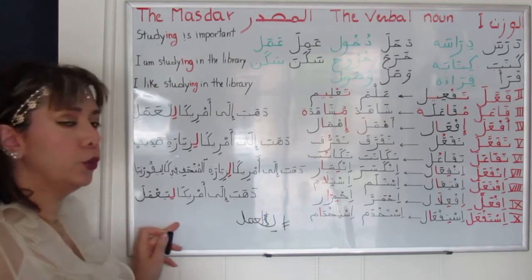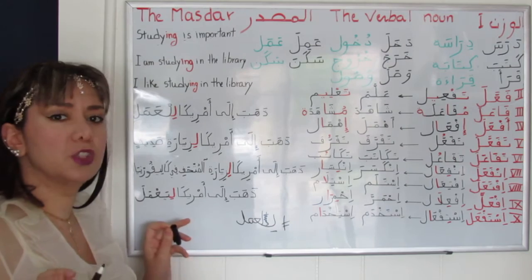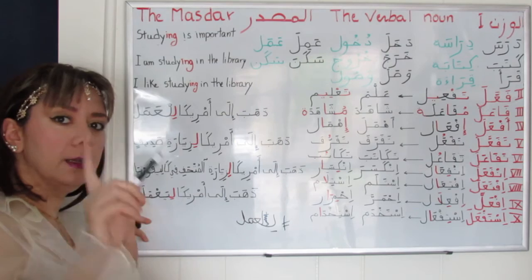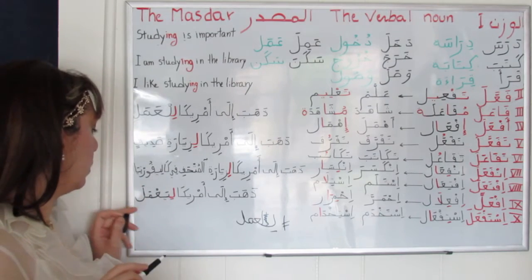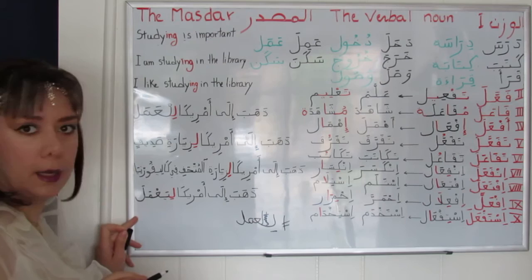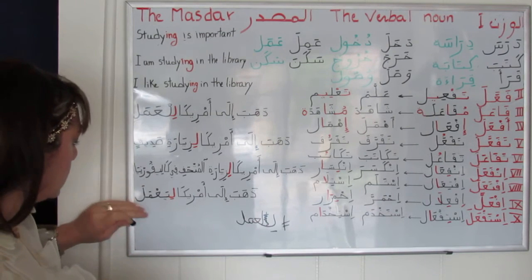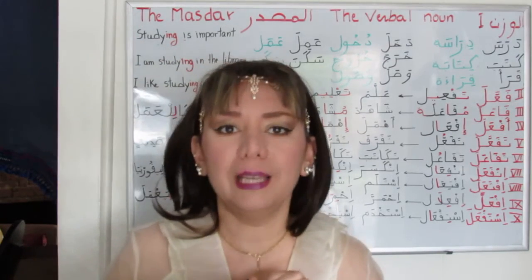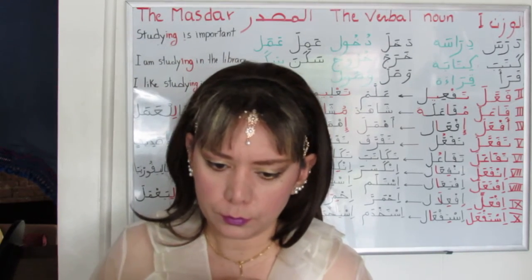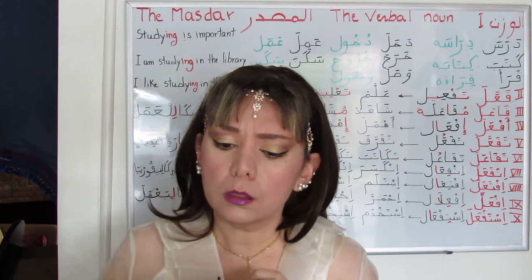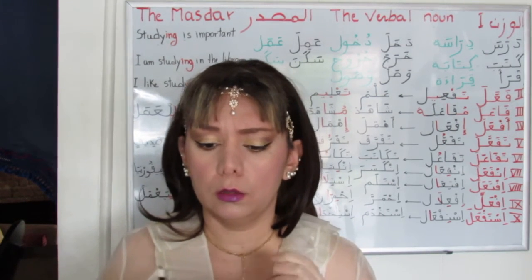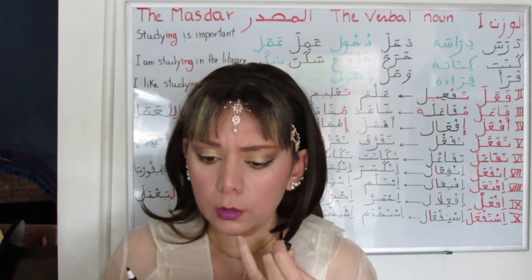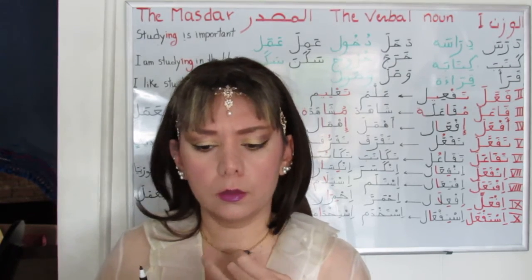But when the verb is conjugated, you cannot change the short vowels, with some exceptions that we will talk about another time. ليعمل. We kept all the short vowels, even if we have the li, the preposition. So the sentence could be rendered using the present tense verb or the verbal noun, and we have the same meaning.